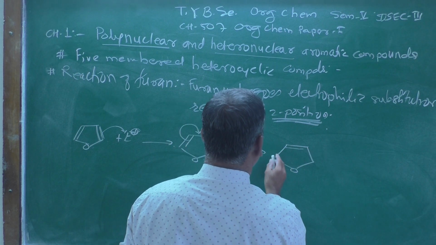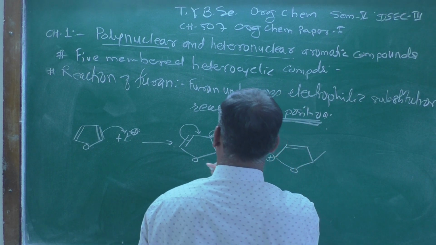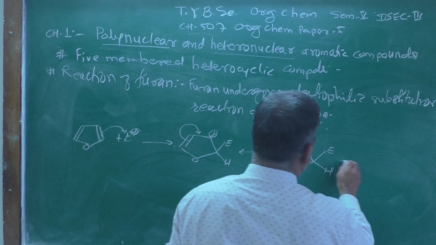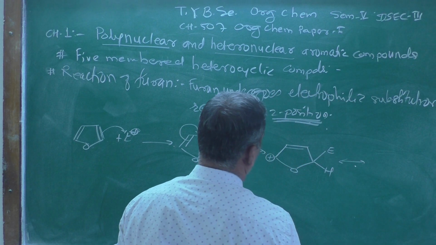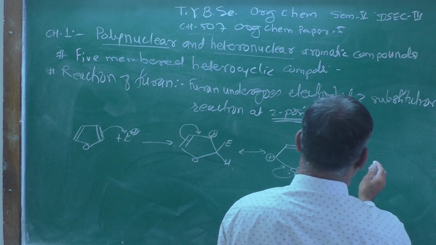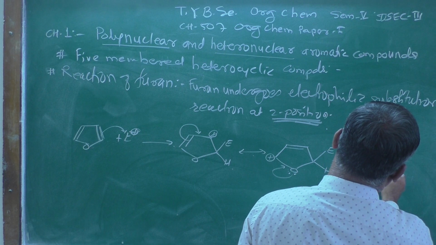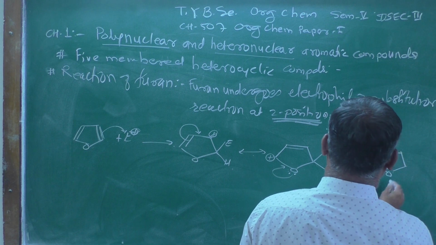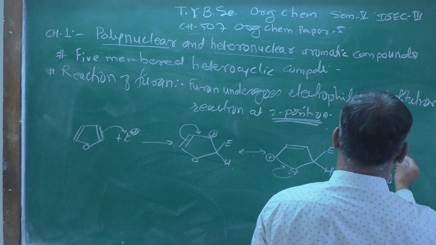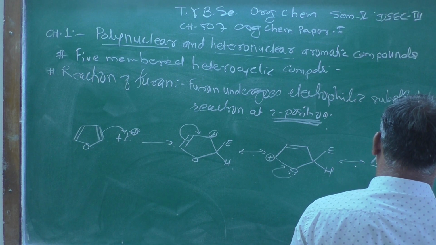Double bond here, positive charge comes at this corner point, electrophile and H here. Now the lone pair which is present here we can neutralize, so that we will get another structure like this: O, positive charge on that oxygen atom, here E, here H.